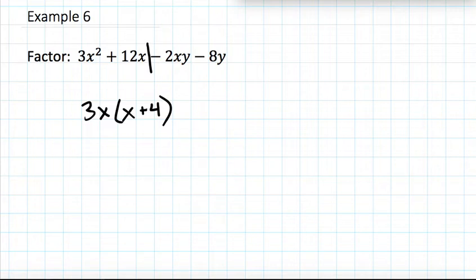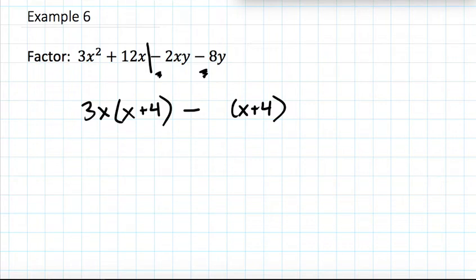Now I'm going to write x plus 4 over here. And then think about, what do I multiply by x plus 4 to get back to what I originally started with? Well, I see that both of these have negative signs on both terms. What that means is that I want my number out here to be negative, because when I distribute it, I need for both of them to be negative.